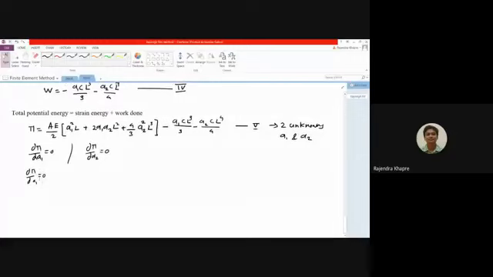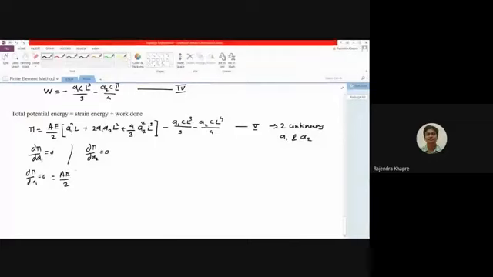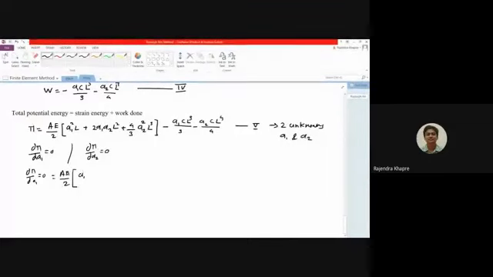Here, if you take the derivative of this, what you are going to get is AE upon 2, which is a constant. You have to differentiate with a1, so this will not be there. Let me write it one more time.